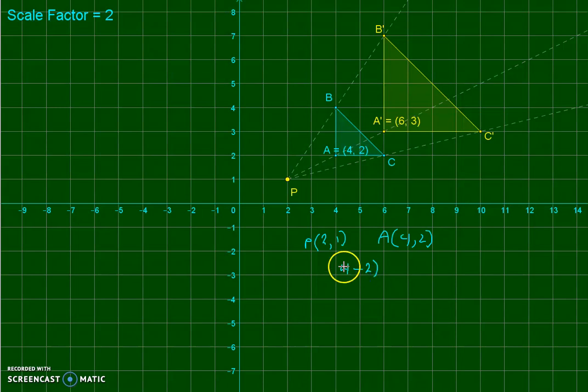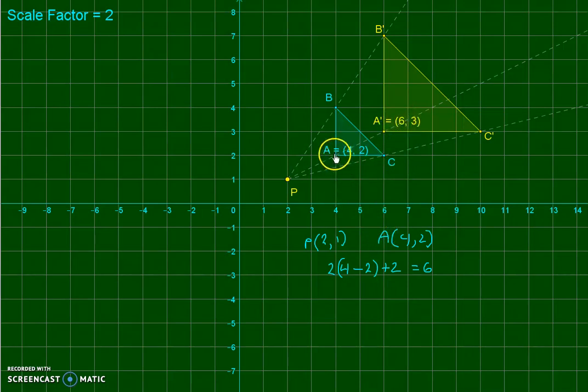Then we multiply it by our scale factor, which is 2. And then finally, we add back that 2 that we subtracted off. So let's see what happened here. 4 minus 2 is 2. 2 times 2 is 4. 4 plus 2 is 6. And that's what generated our 6.